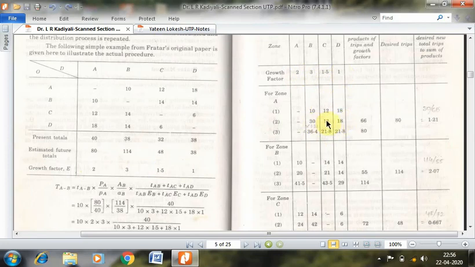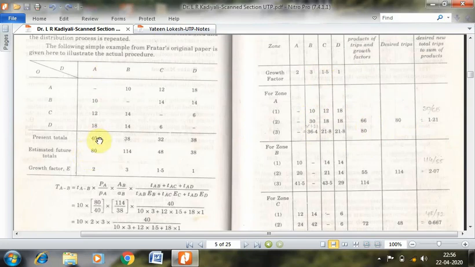The summation of the product of the present number of trips and the growth factor will be written here. That is what this column is about. So 30 plus 18 plus 18 is 66, and the desired total trips for the future would already be provided to us in the question.